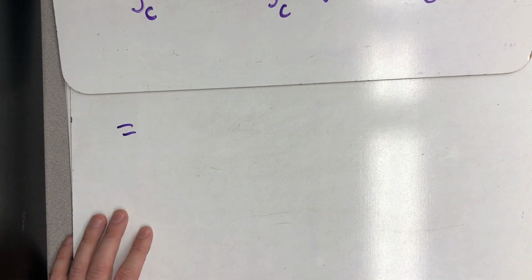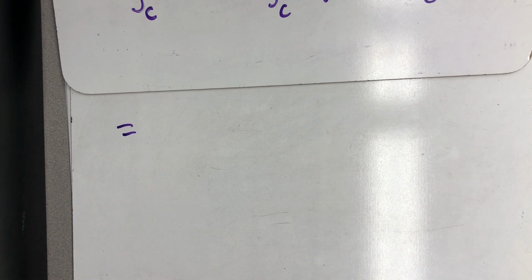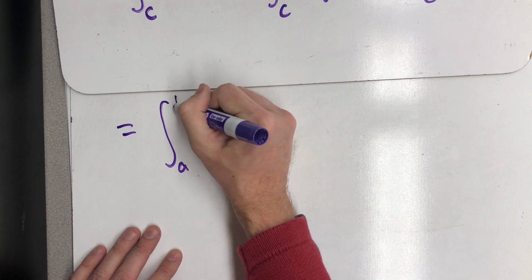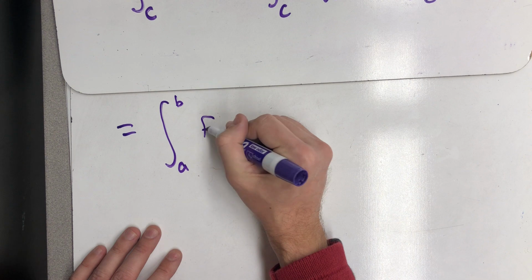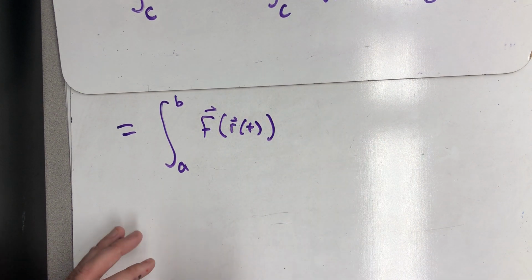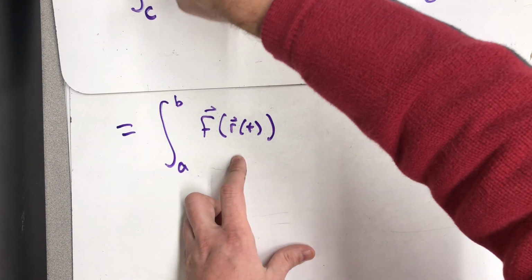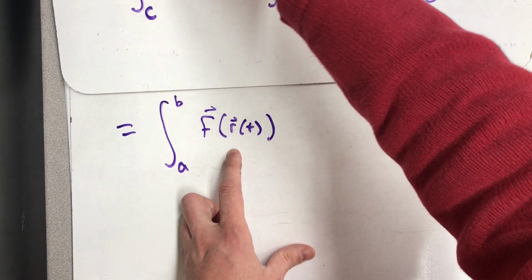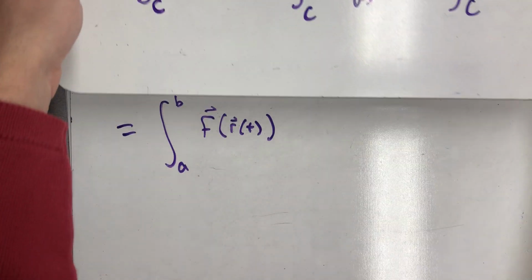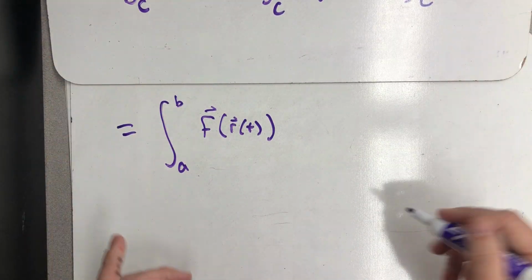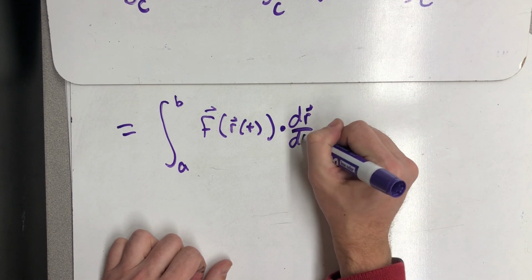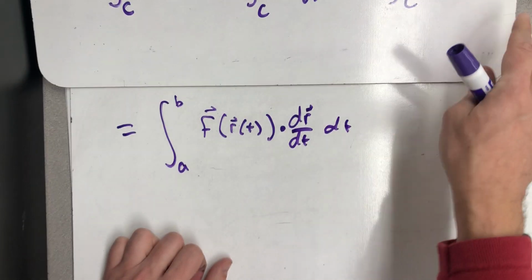So my final equation I'm going to write down is that I could think about this as the integral from a to b of F of r of t, right? I'm evaluating now my force, my vector field at every point on the curve, and I'm pointing off camera now, but for every point on this curve, dot dr/dt dt, right?